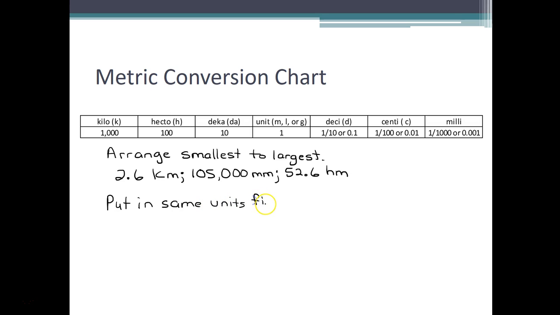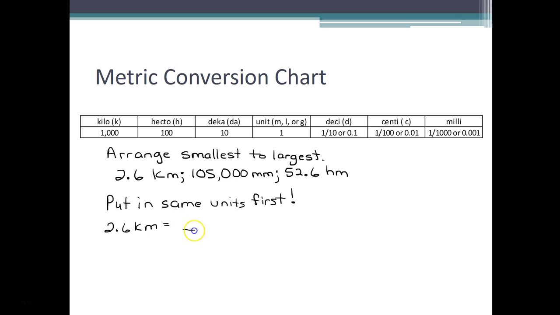It really doesn't matter what units you put it into. It's up to you. I don't really care. Just put them all in the same units before you decide what's smallest and what's largest, and put them in order.